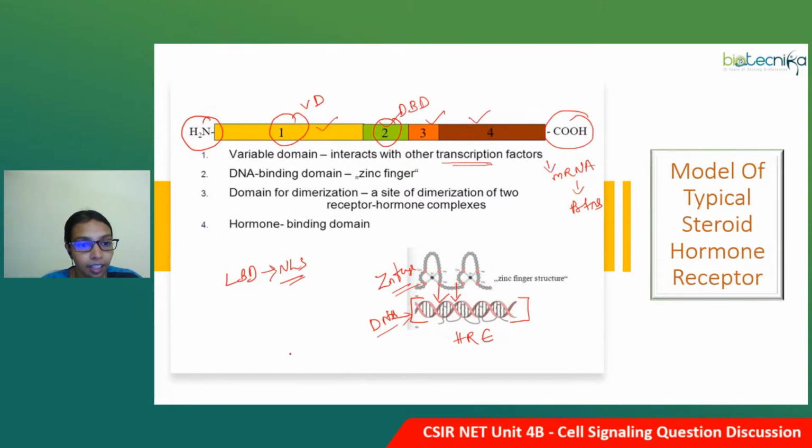Okay. Then, when a ligand goes and binds to the receptor, obviously it will undergo dimerization. So that is this domain. Now, what is the significance of dimerization? Why does this receptor, upon ligand binding, undergo dimerization?